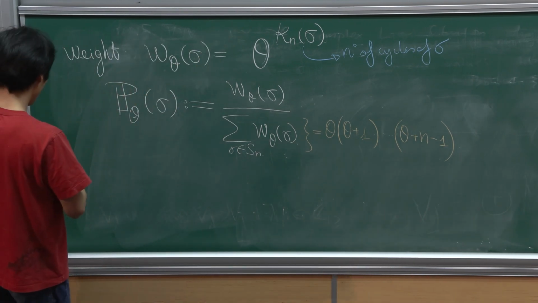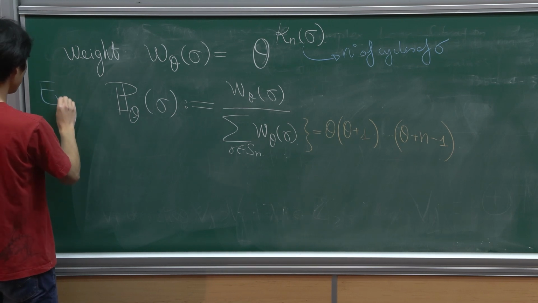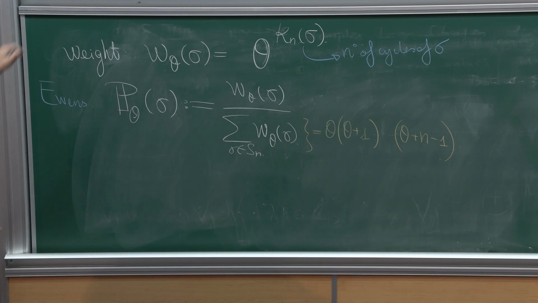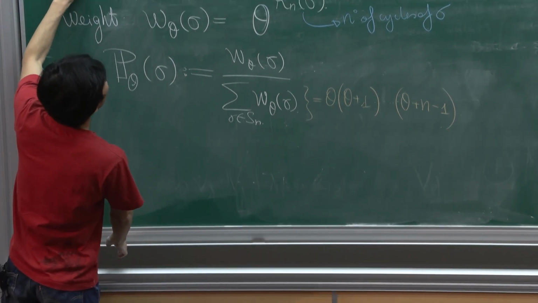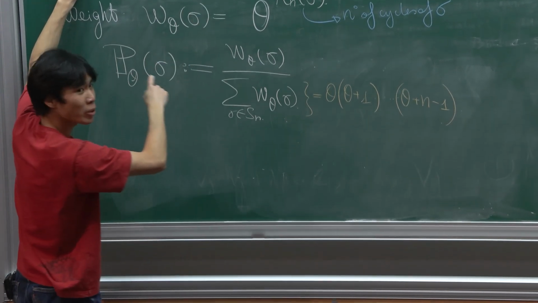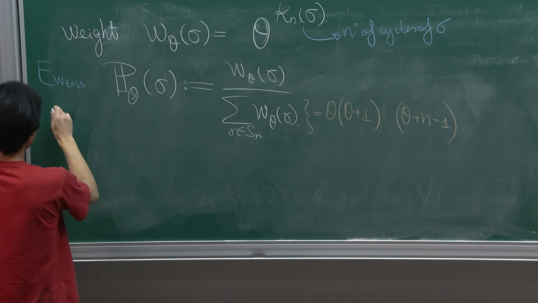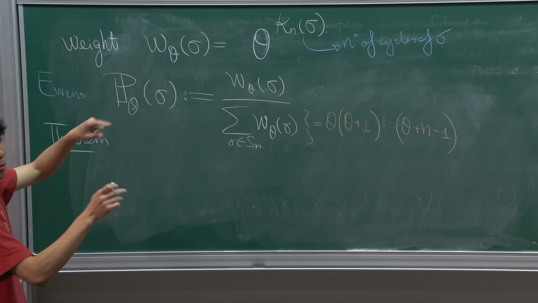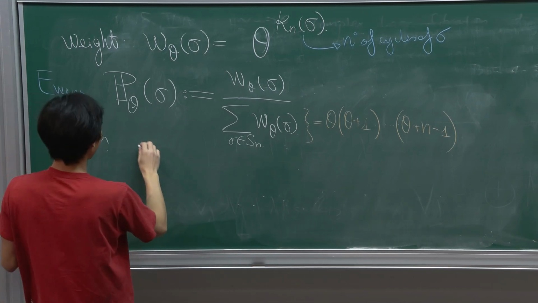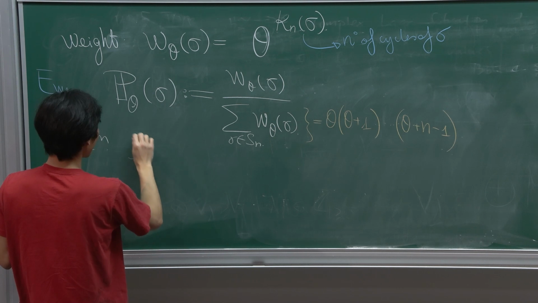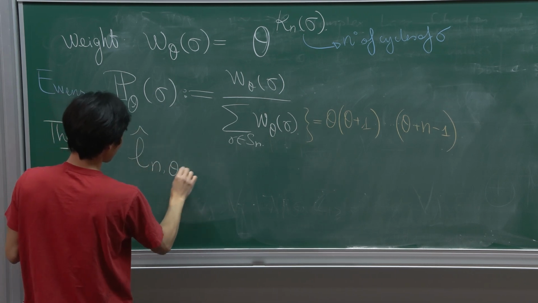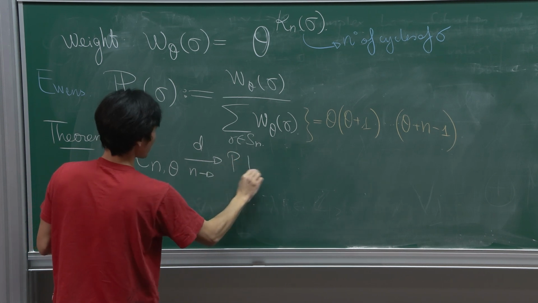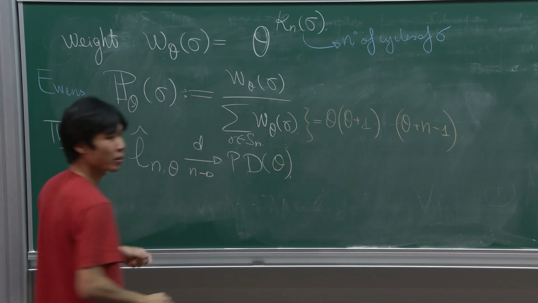And this is something called the Ewens measure for your symmetric group. Then you can look at the same question, but with a different measure. The theorem is, by the way, none of these are our theorem, that this converges to Poisson-Dirichlet of parameter theta.